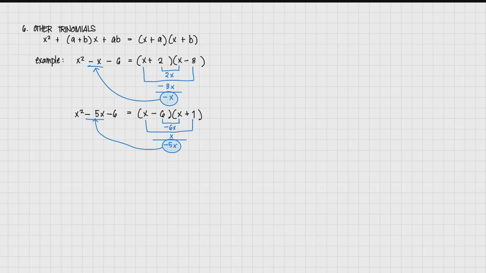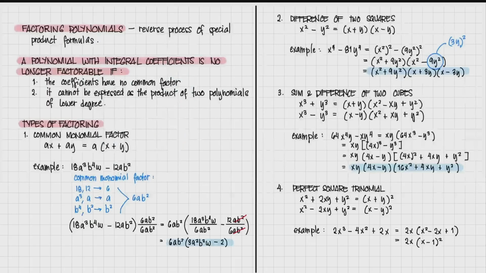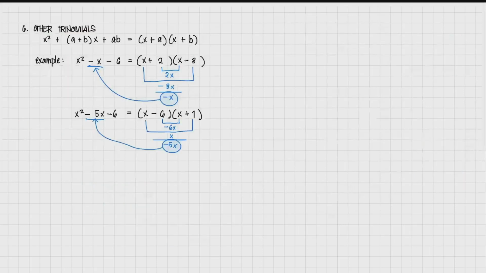Okay, so let's try another type of factoring. Factoring by grouping. Wait, this is type 5 pala. This one is type 5. This one, type 6, is factoring by grouping.